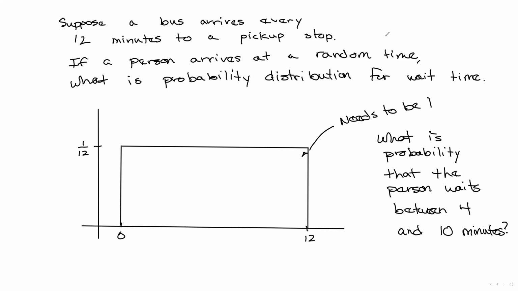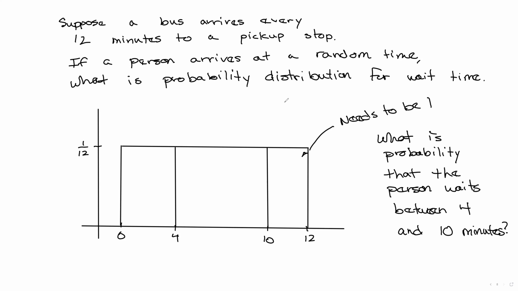To calculate that, we need to put 4 on here, and, I'm just eyeballing this, put 10 on there. So there's 4. Now we're talking about 4.0000000 forever minutes up to 10.000000 forever minutes, exactly on the nose, 10 minutes.